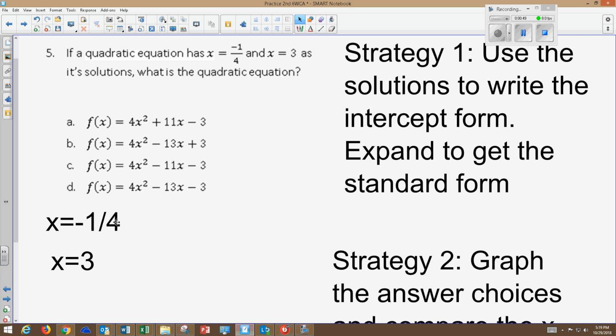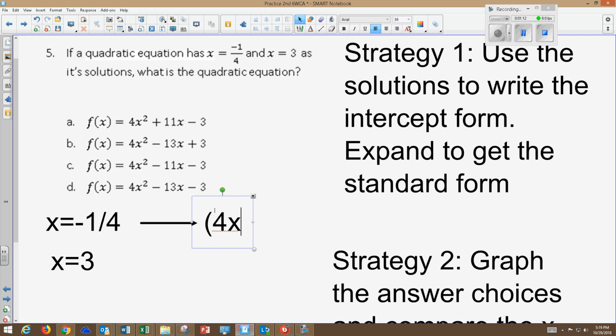If x is equal to negative 1/4, we learned from another lesson that this gives us a factor. That tells us that we should have a 4.